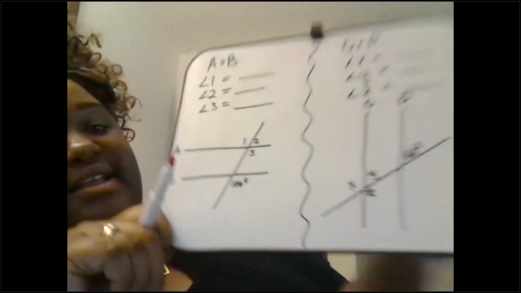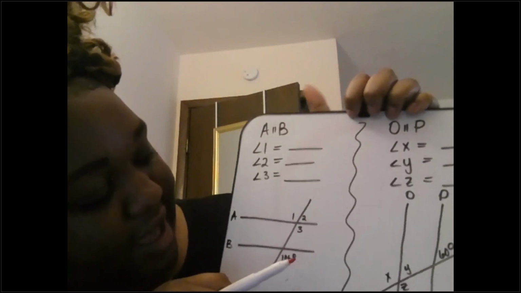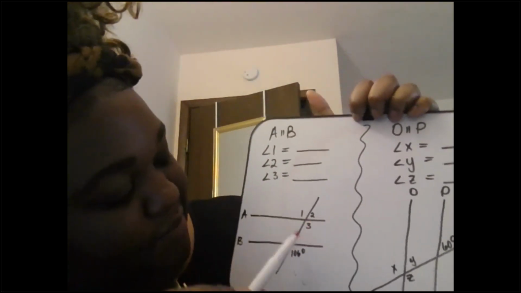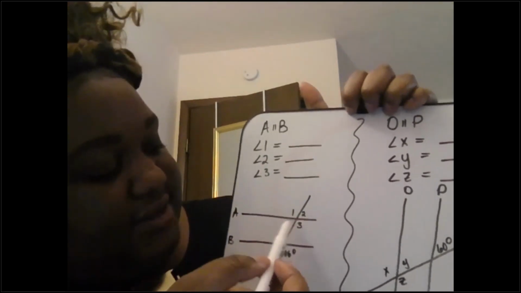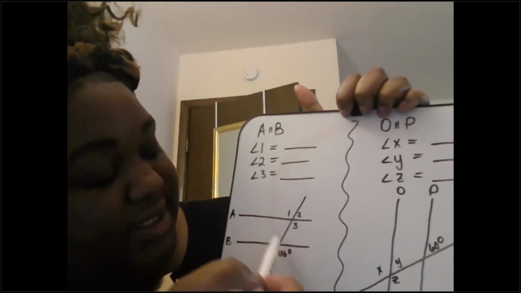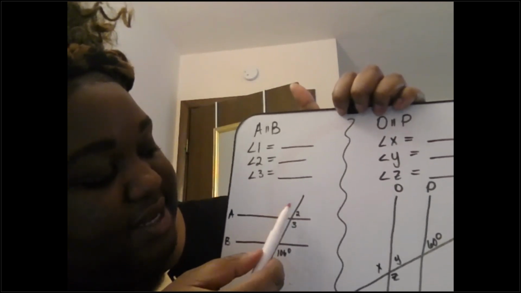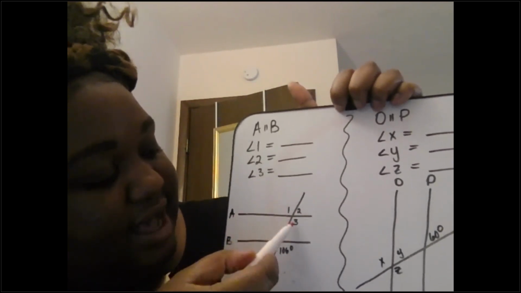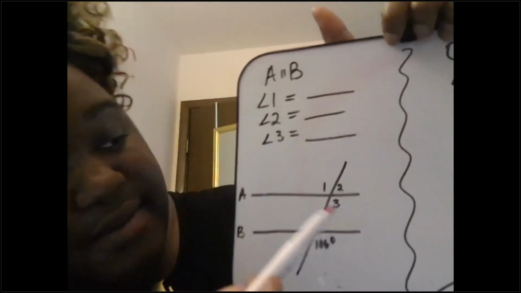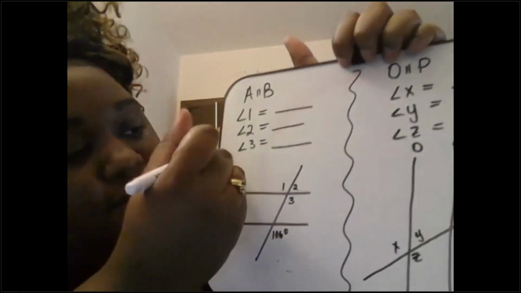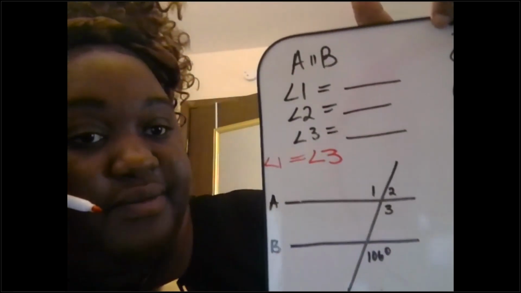So let's try to figure out what angle 1 is first. So here, okay, I have 106 degrees. And if I remember correctly, vertical angles let me know that the angles opposite each other are equal. So that means angle 1 is equal to angle 3.